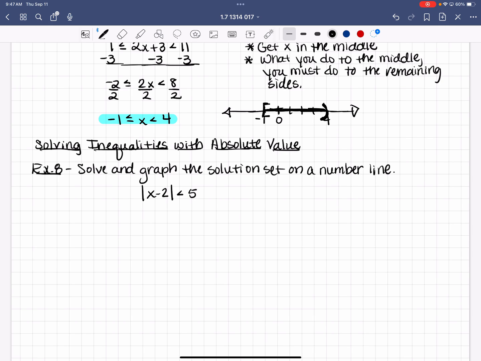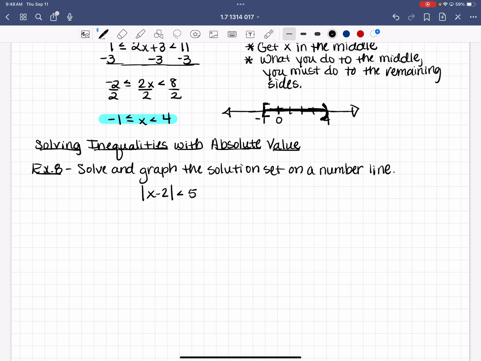Okay, so here's the deal. And here's why we had compound inequalities first: with the absolute value, that could be a negative 5 in there, right? So you have to rewrite this as a compound inequality with that -5 on there. So you're looking at the values between -5 and 5, because all the values in between -5 and 5, when you take the absolute value of it, it produces a positive number that's less than 5, right?